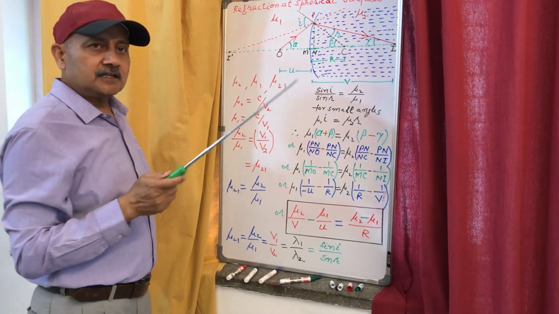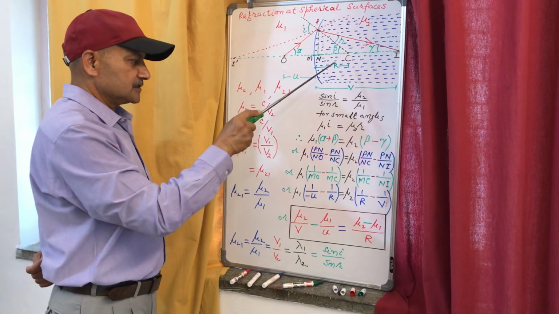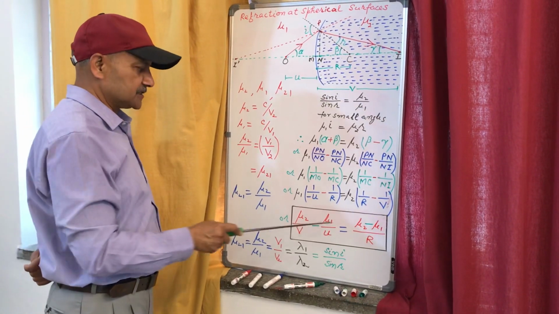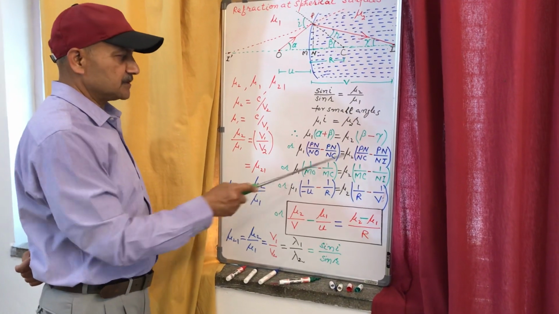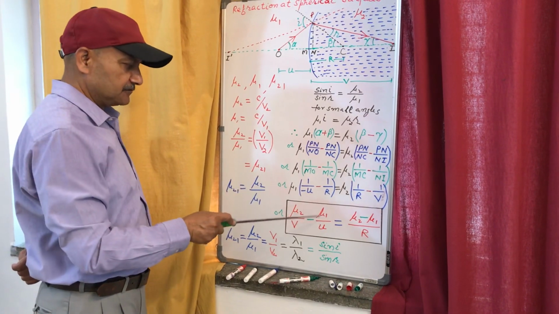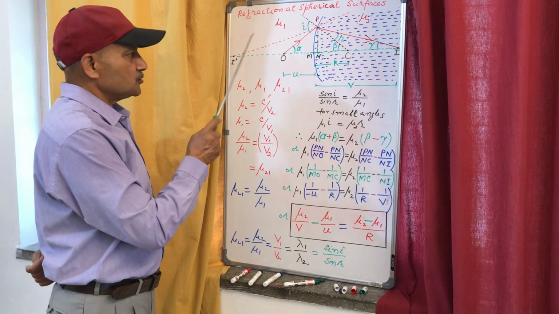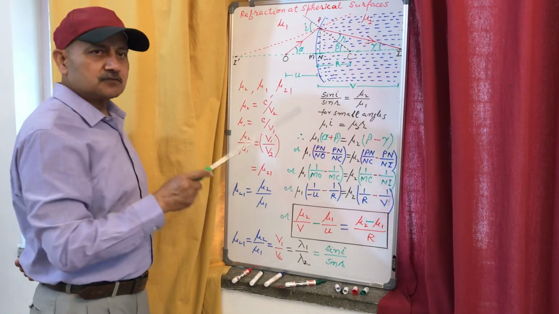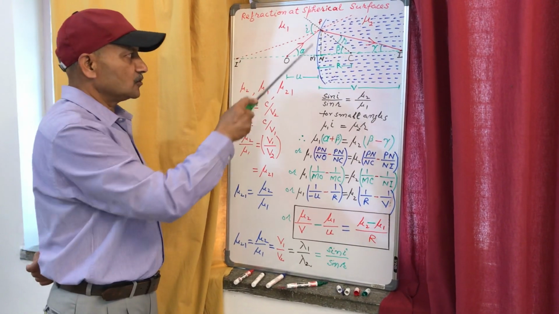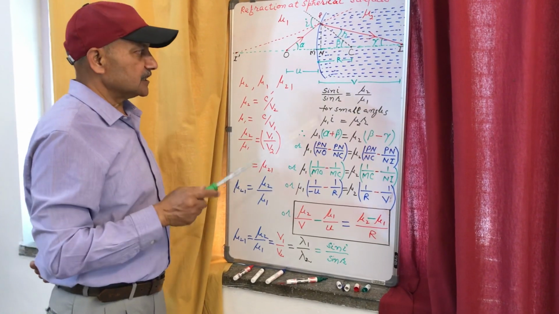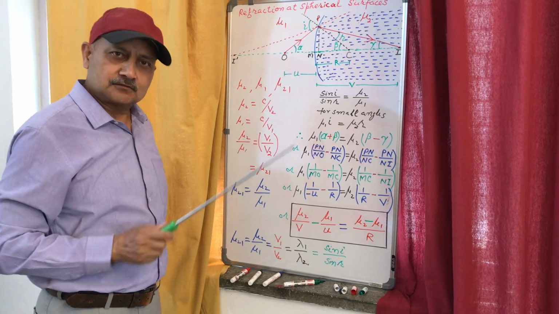So you have to learn 3 more derivations similarly. But the final result in all the 4 cases will be the same. Here the signs may change, but the final result will be the same. All the 4 cases, that is virtual and real images for a convex surface, virtual and real images for a concave surface. So in addition to this, you have to learn the 3 other cases also. Thank you.